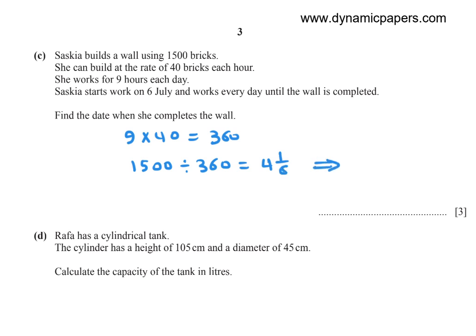So she needs 5 days. If she started 6 July, she will work on 6 July, 7, 8, 9, 10, and finish on the 10th of July.